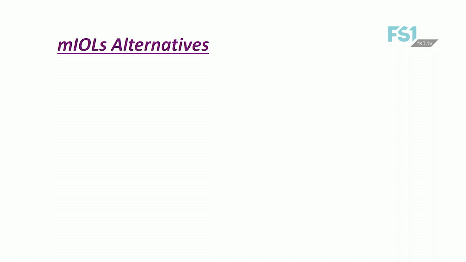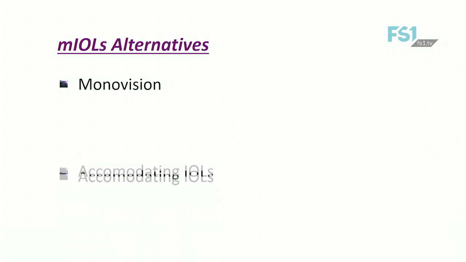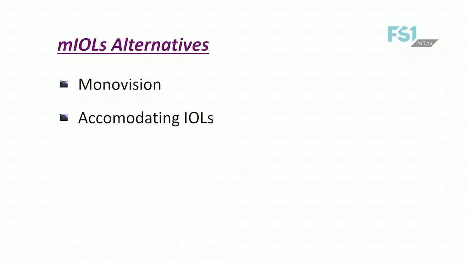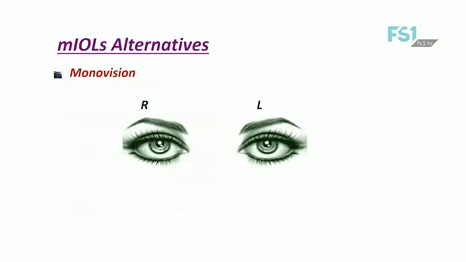So there are also alternatives to multifocal IOLs. You can make monovision by correction with any kind of refractive surgery method. Accommodating IOLs are also one of the options, and corneal approaches. So, what is monovision?